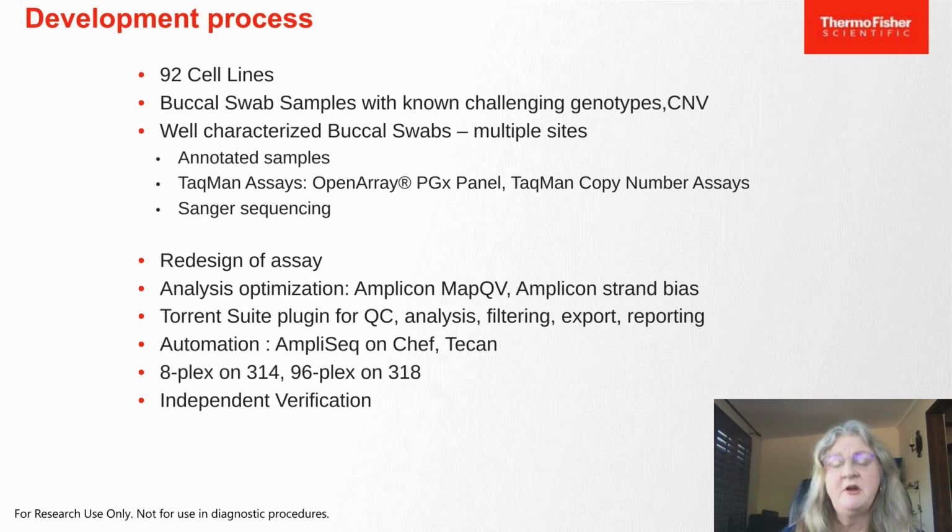And we developed a Torrent Suite plugin that incorporates all of this bioinformatics optimization, and that also includes quality control, QC analysis, data analysis of the sample, filtering, exporting, and reporting. We support automation, and we offer 8-plex on a 314 chip, up to 96-plex on a 318 chip. And we worked with a collaborator for independent verification in an orthogonal laboratory.